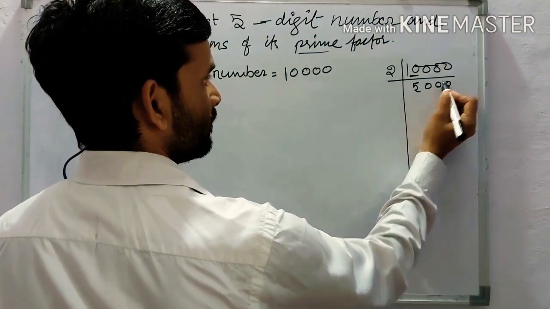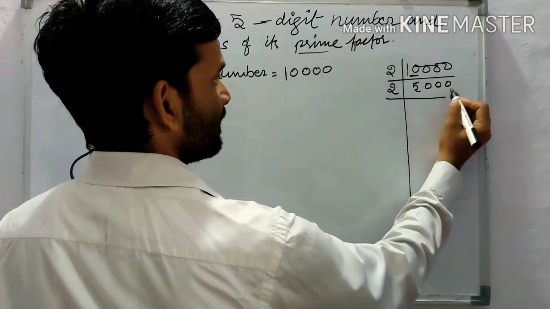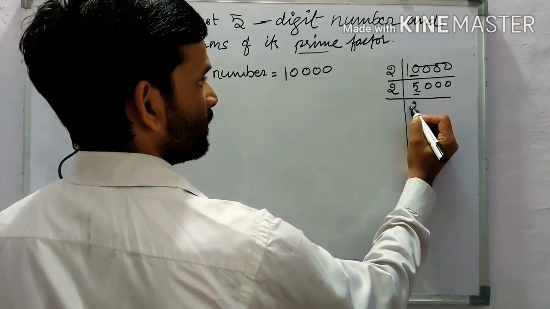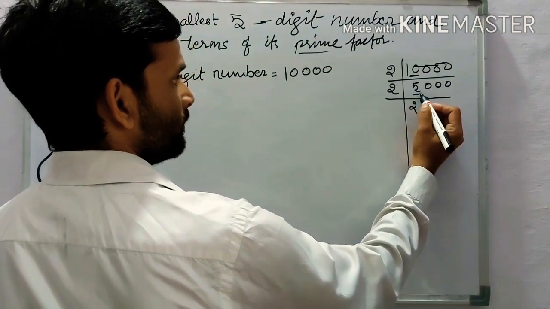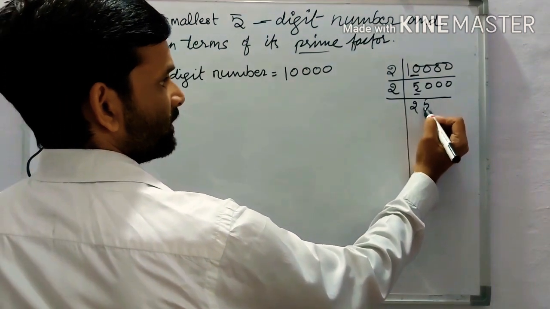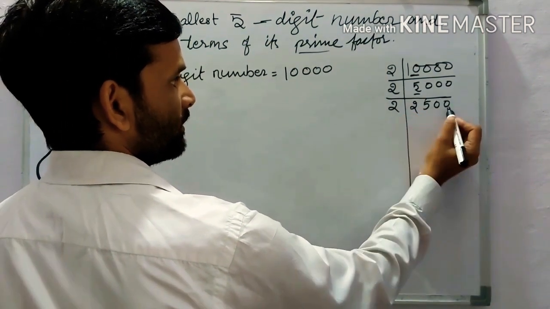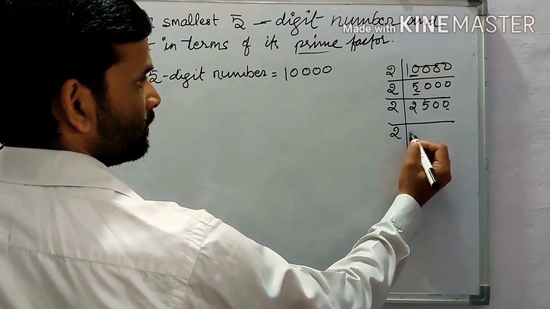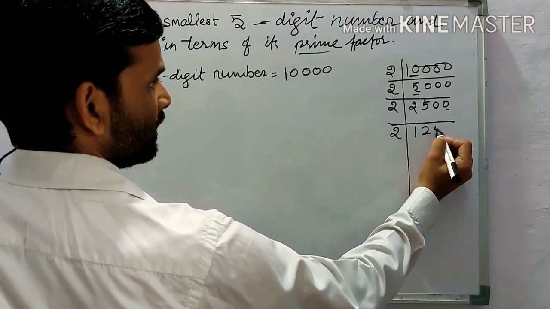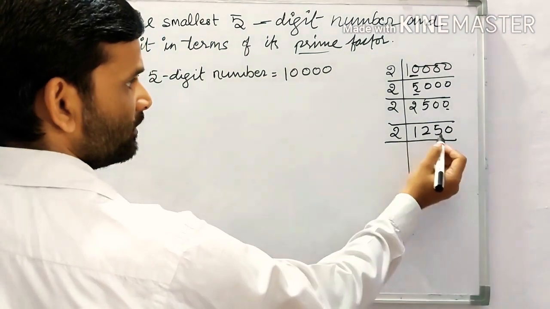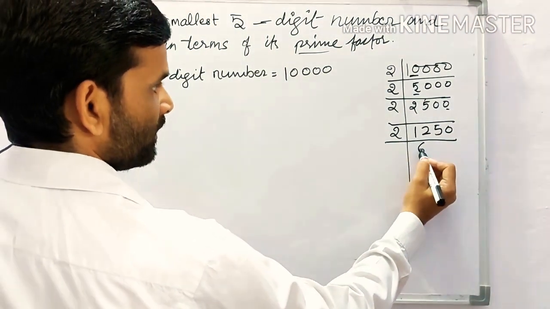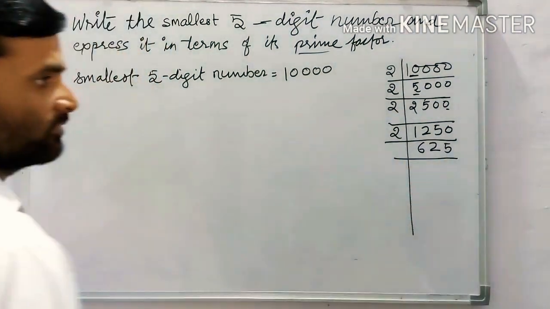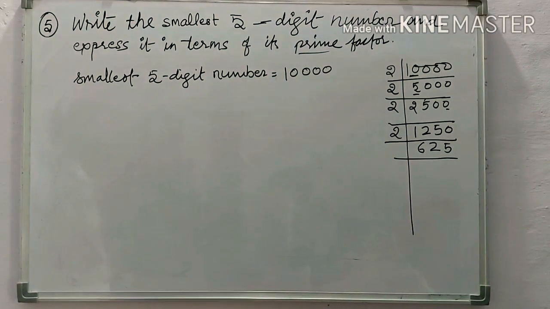Again, because the last digit is 0, 2 2s are 4, 2 5s are 10. Again the last digit is 0, 2 1 is 2, 2 2s are 4, 2 5s are 10. Again divided by 2, 2 6s are 12, 2 2s are 4, 2 5s are 10. Here 5 will remain; it is not divided by 2.